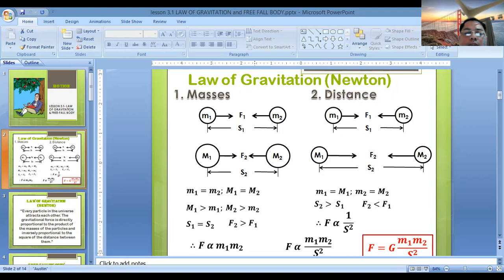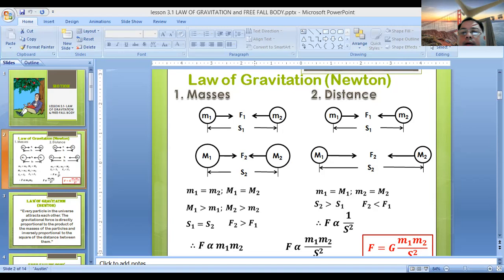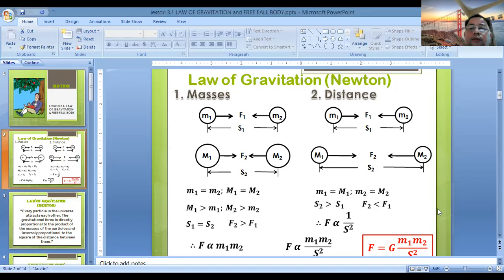Again, we measure the value of this gravity by a unit called Newton. So this is our law of gravitation.